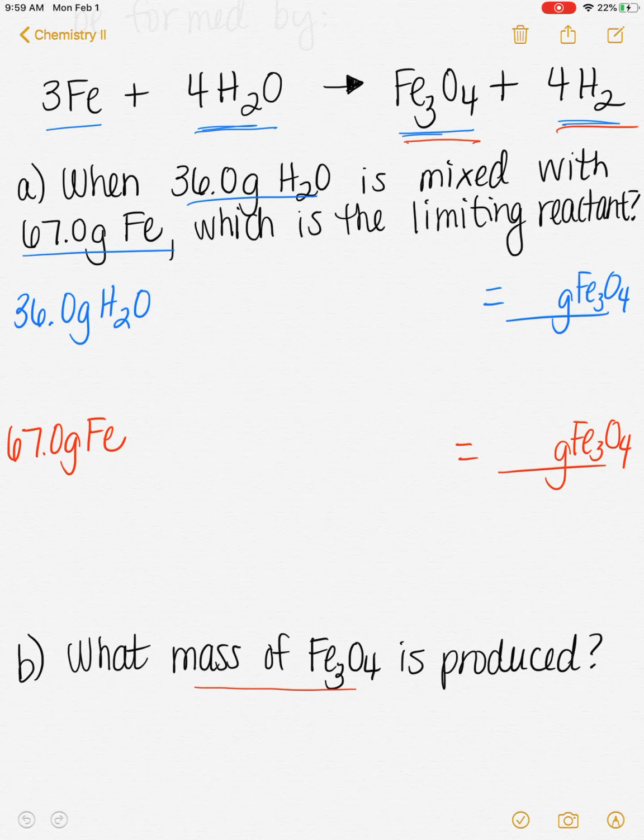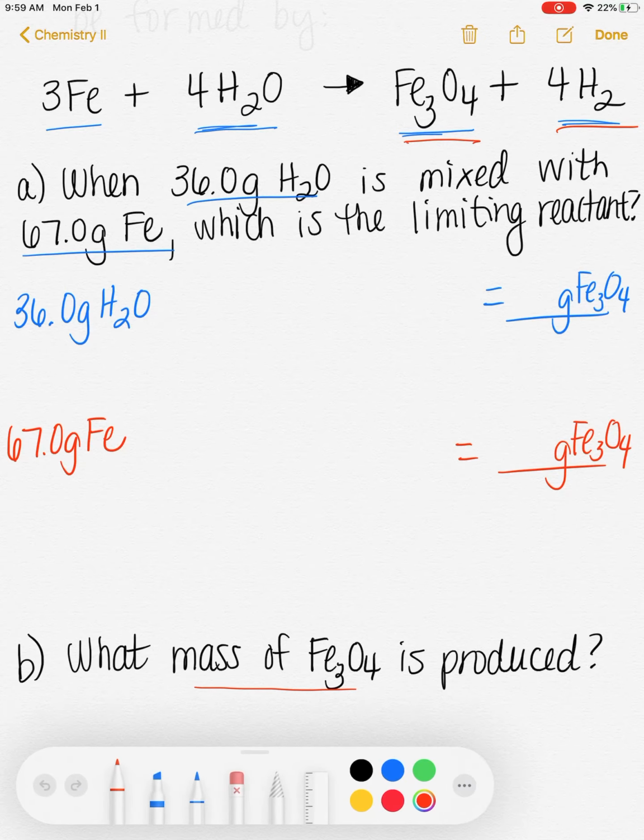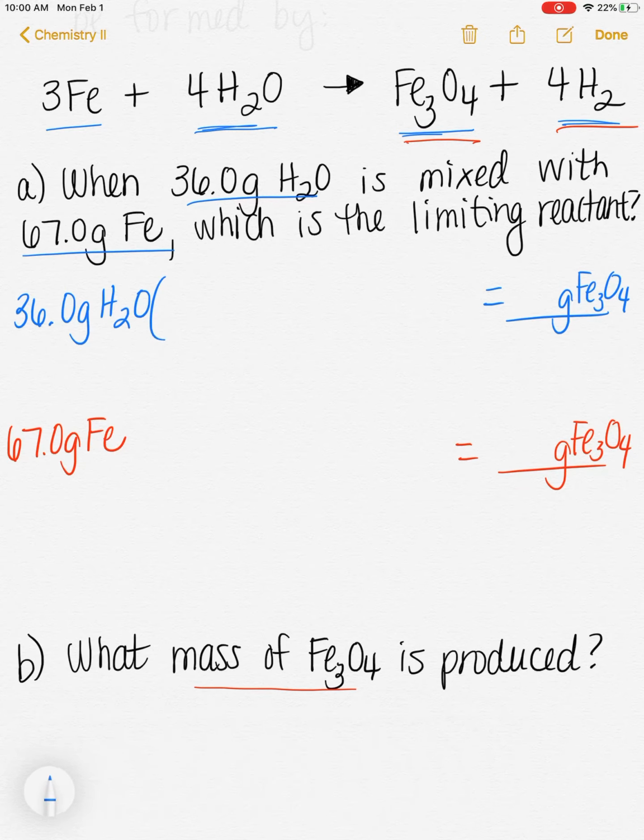All right, so let's go to our grams of water. Let's draw in our 3 conversion factors here. My first conversion factor, I'm looking to get rid of the unit of grams of H2O. The mole map says that I should go from grams of that stuff to moles of the same stuff.